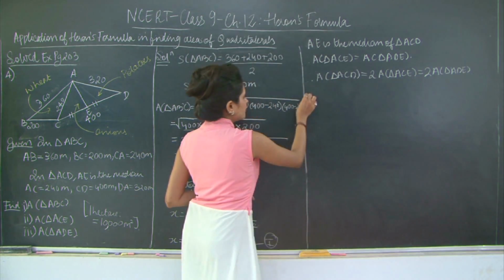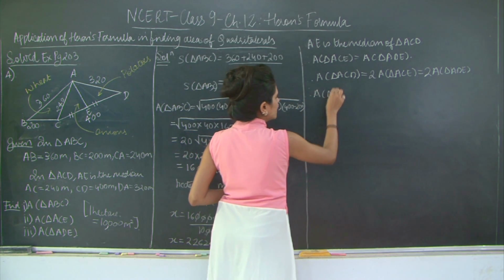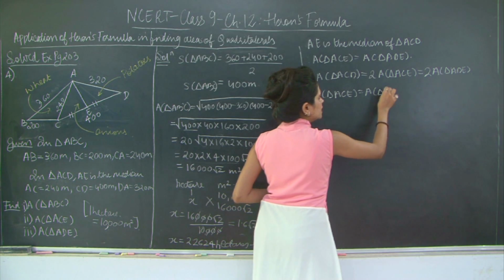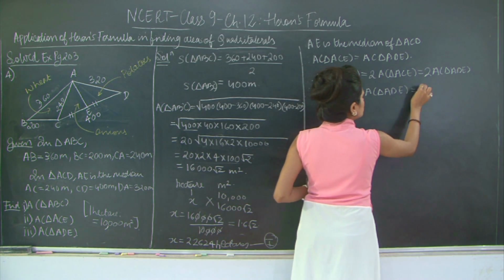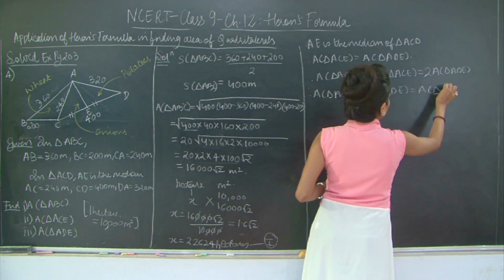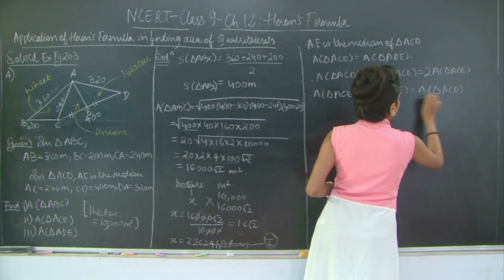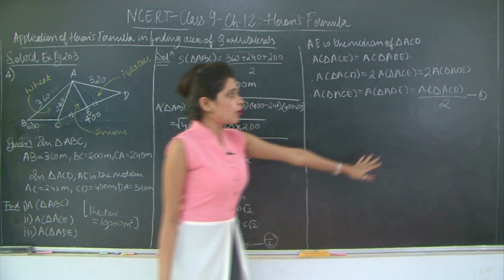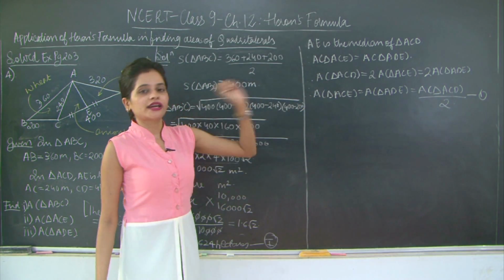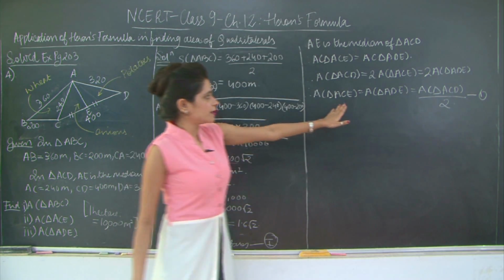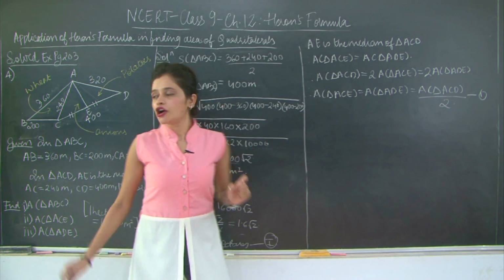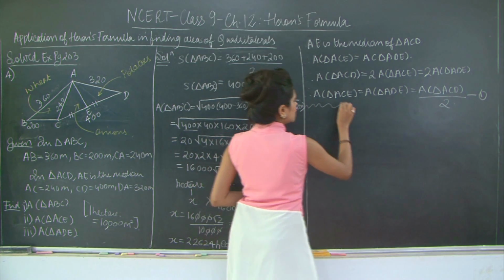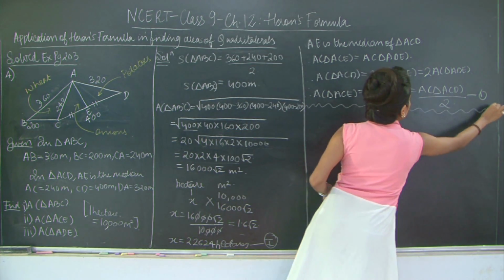Therefore, area of triangle ACE is equal to area of triangle ADE, which is equal to area of triangle ACD divided by 2. Let's mark this as 1. So now we are going to find the area of triangle ACD divided by 2, and we will get the area of both the adjacent triangles for growing onions and potatoes.